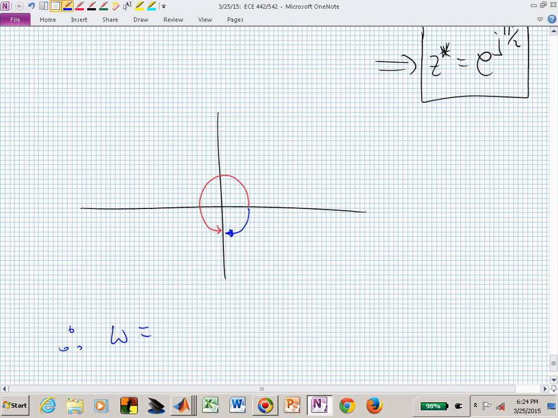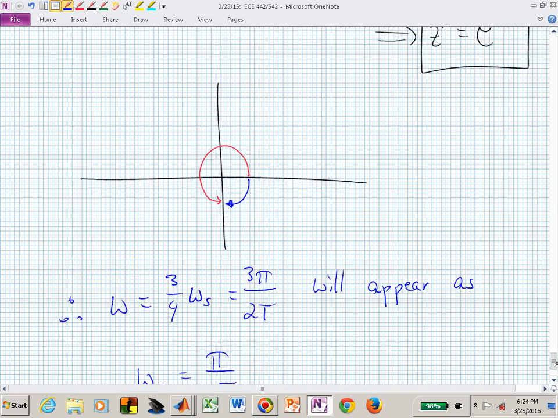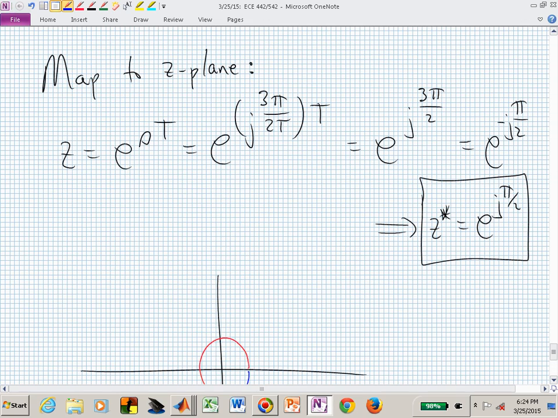Meaning, by going into the z-plane, omega being 3/4 omega sub s, which is 3 pi over 2T, it now appears not as 3 pi over 2T or 3/4 omega sub s. It's aliased down to a different frequency. It looks like pi over 2T, which is just this conjugate e to the j pi over 2 in terms of its frequency.